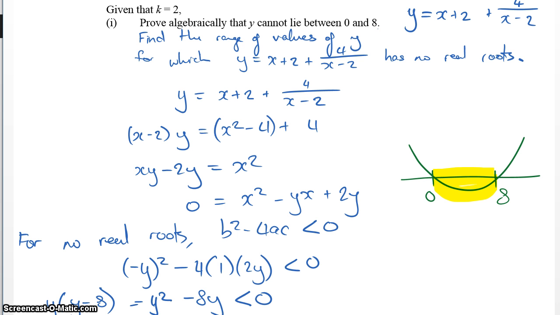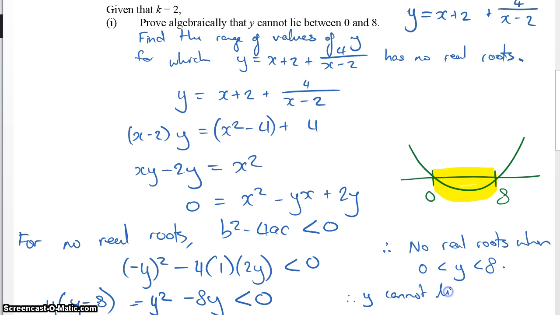So therefore, there are no real roots when 0 is less than y is less than 8. Therefore, y cannot lie between 0 and 8, and we've successfully answered the question in an algebraic manner.